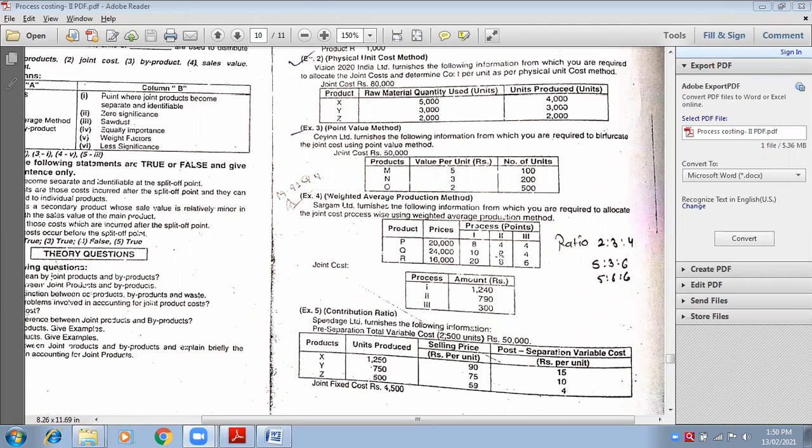And for process 3, 5:6:6. Very good. Now process 1 joint cost is 1240. So this 1240 has to be divided in the ratio of 2:3:4 for product P, Q and R. Similarly, you have to do it for process 2 and 3. Do it quickly. I'm giving you last 2 minutes, okay?